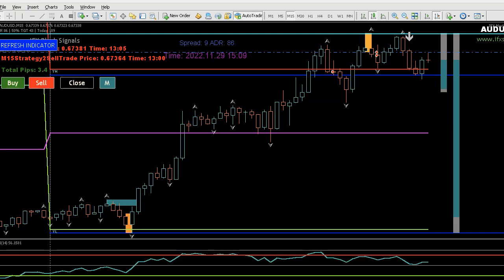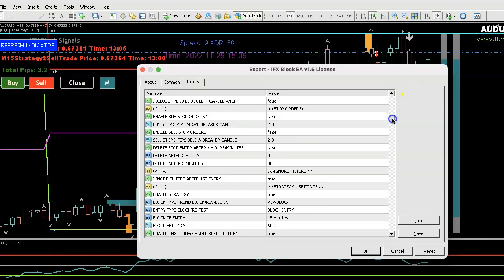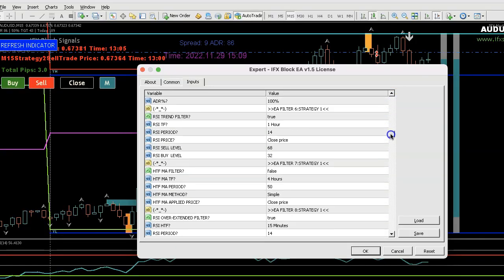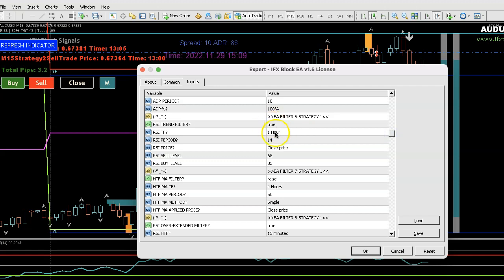Why is it considered the trend? Because it's 1 hour, 14 period, close price. If it's below 68, I'm being a little bit conservative, but we can say 70 and 30. We want to make sure that at the time I get an entry block entry, we are below 70 and we are above 30.